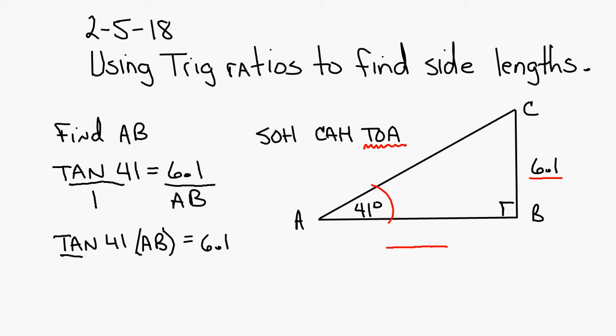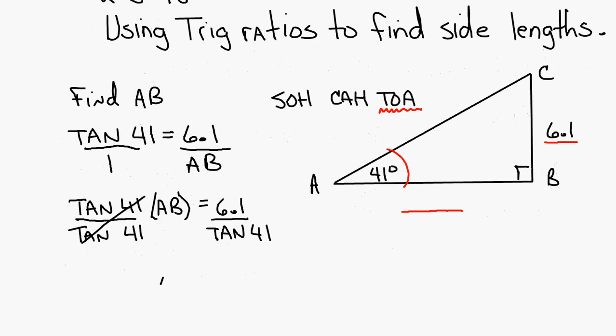So if you divide both sides of this proportion by tan 41, the tan 41s on the left-hand side cancel out. The AB falls down.